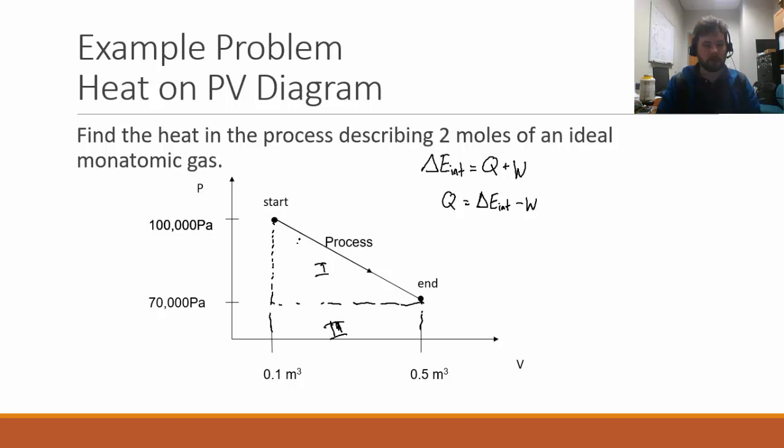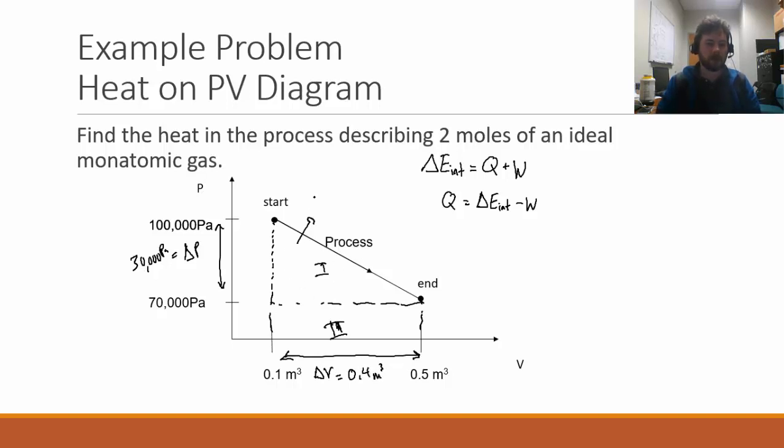This is a triangle, so if I want to find the area of that, if I call this delta P, just the magnitude of that delta P, that'll be 30,000 pascals. And I call this difference right here delta V, again just meaning the magnitude, which would be 0.4 cubic meters.